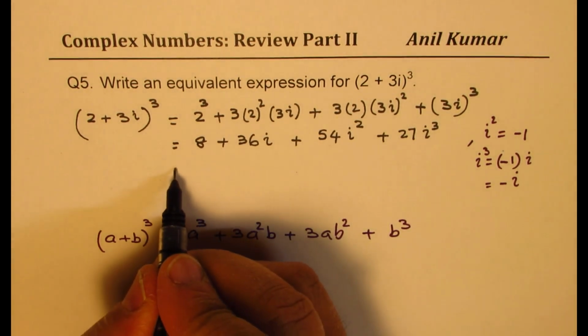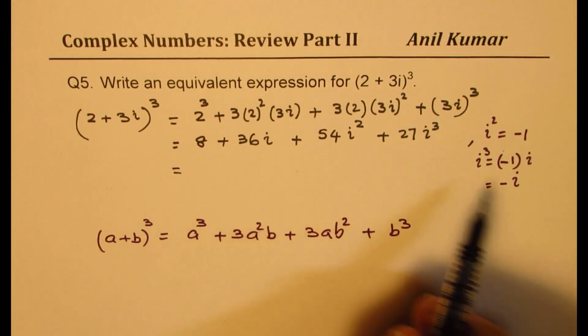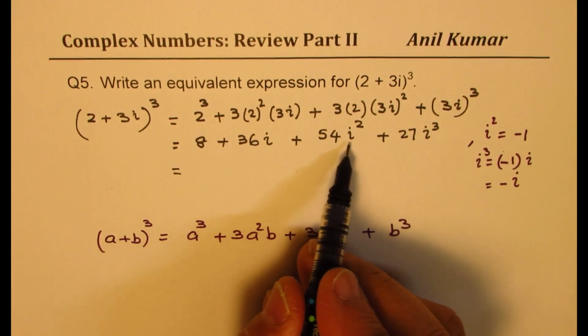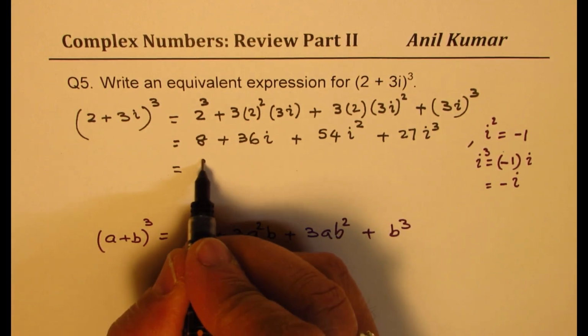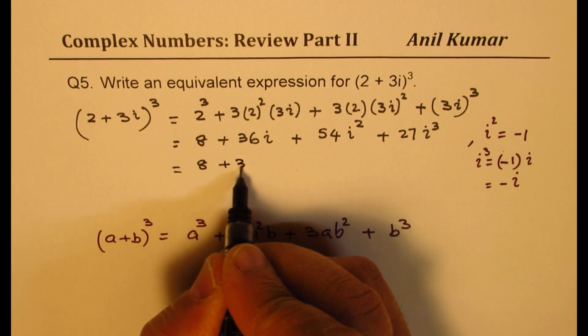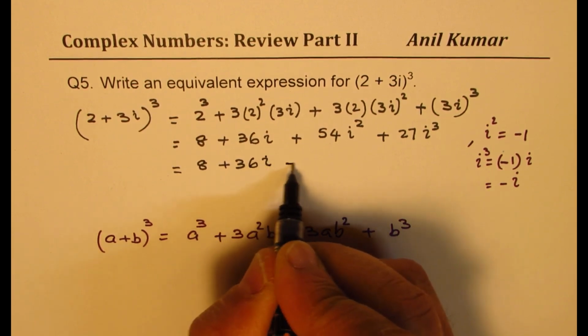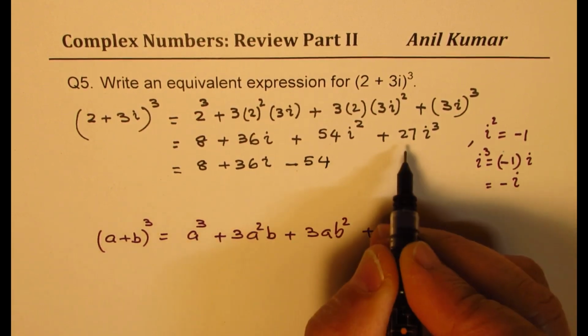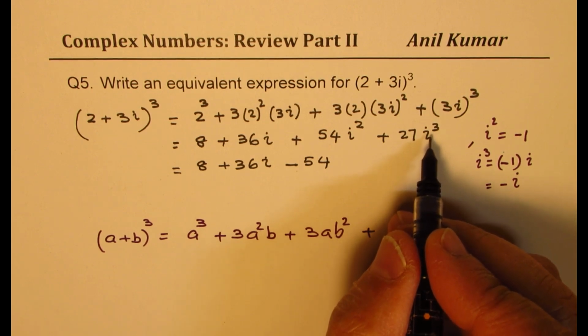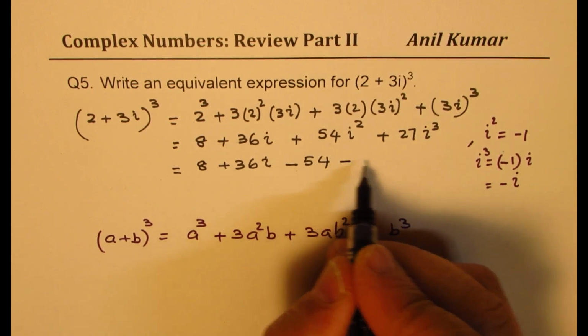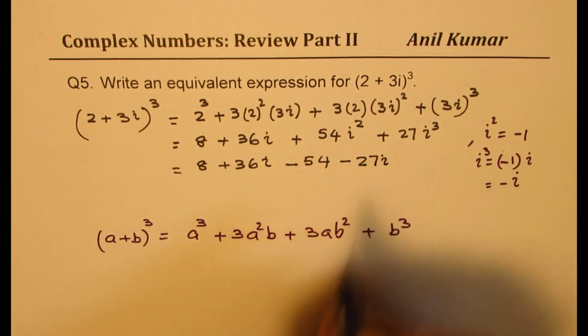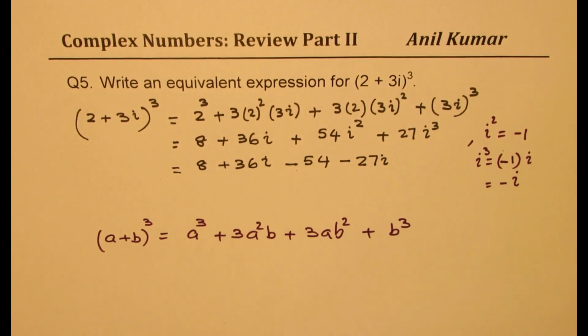Okay. So what we get here is, this i square is minus 1. So we can write this as 8 plus 36i minus 54. And here it is minus i, so we could write this as minus 27i. Correct? So that is how you could actually expand it.